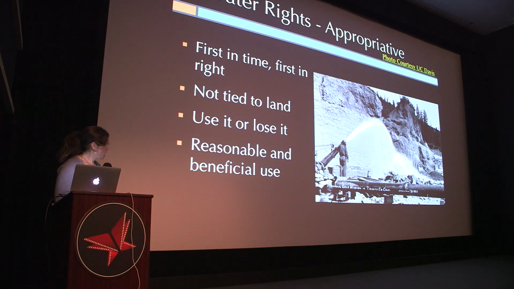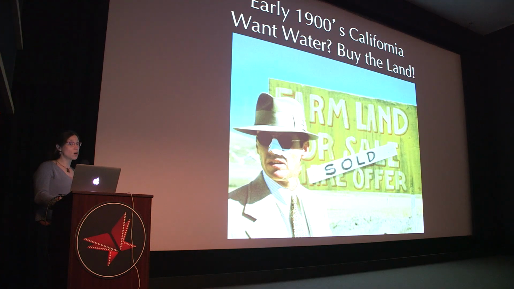So in the late 1800s, before this reasonable and beneficial use, the California legislature actually adopted a dual system of water rights, meaning that both riparian rights and appropriative rights were in place. Riparian rights were senior to appropriative rights, which means that if it's the early 1900s and you live in California and you want water, you buy the land.